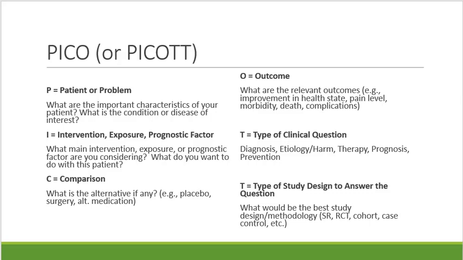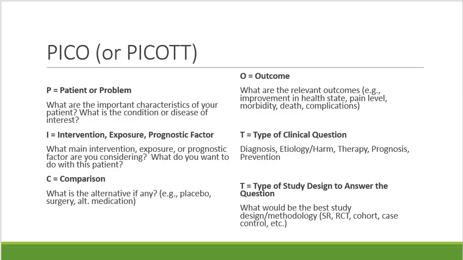and then we're not worried about the two T's, but I just want to highlight this because occasionally you will see people include the two T's, and the two T's relate to the type of clinical question and the type of study design to answer the question.